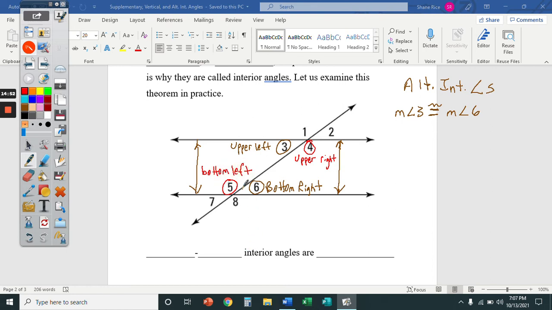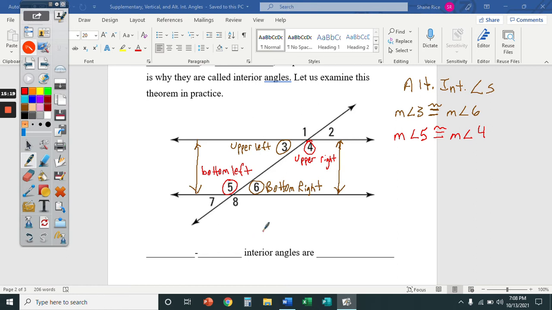That is in the alternate or opposite interior position. So that means the measure of angle 5 is congruent to the measure of angle 4. That's what I mean by alternate interior angles. And that's the only new one we're going to introduce tonight.